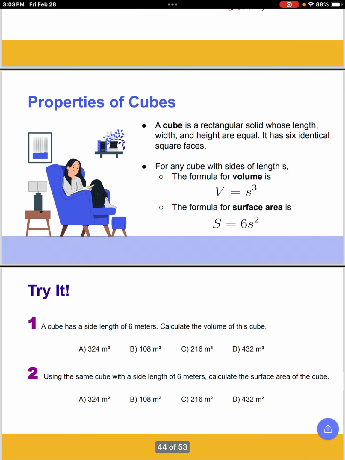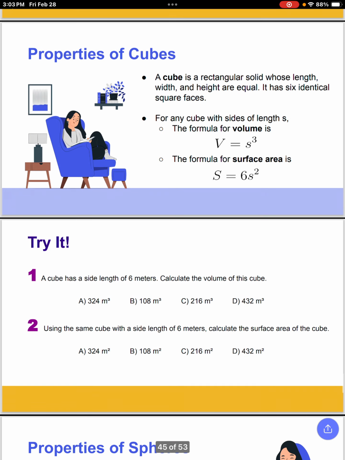Well, I've lost my pen. So volume is equal to side cubed. So to find the volume of a cube, you take 6 times 6 times 6.